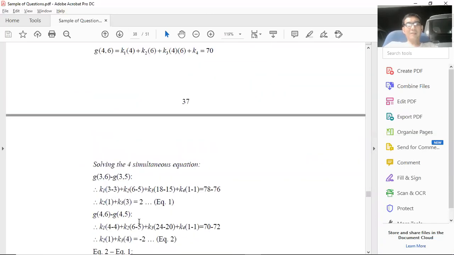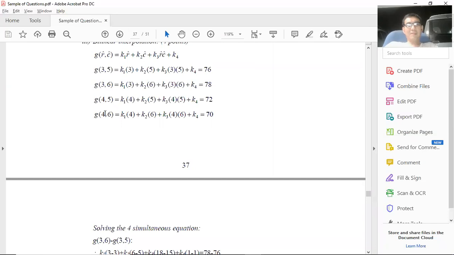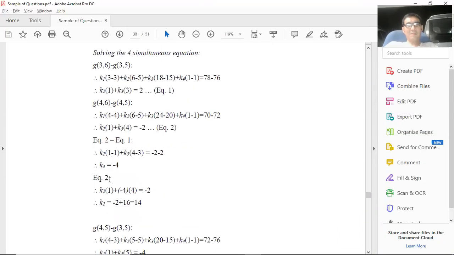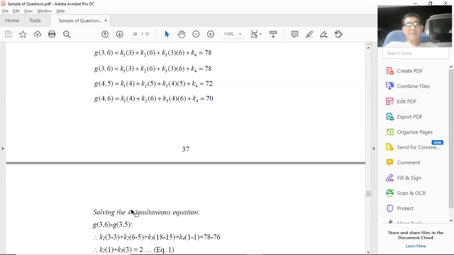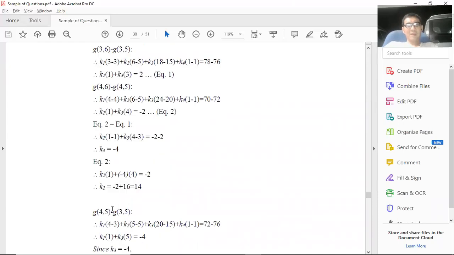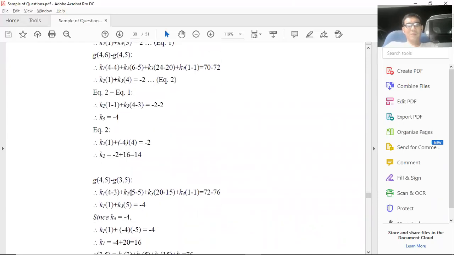Next, just now we took pairs like this, so now we take the alternate. We take 4, 5 minus 3, 5, this equation minus this equation. You get K2 and K4 offsetting each other, leaving only K1 and K3.